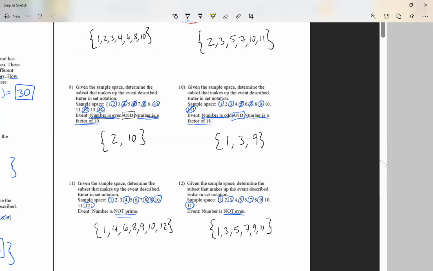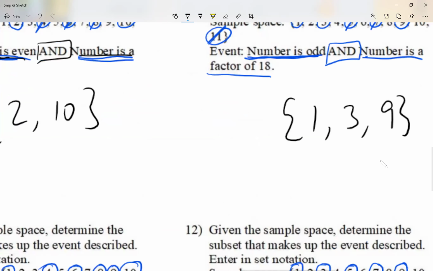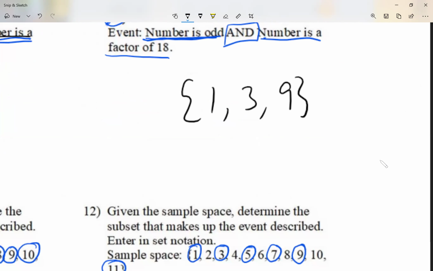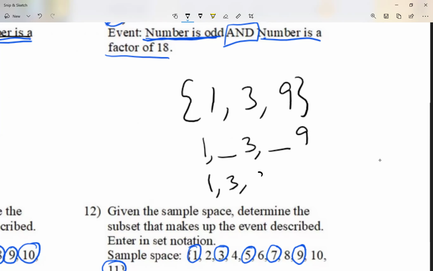Now, a question that my students might ask me here: are there any spaces? For example, let me zoom into question number 10. Usually, we write a space after the comma. So we do 1, comma, space, 3, comma, space, and 9. Usually we write a space after the comma, not before it. Now, if you don't write the spaces, you go 1, comma, 3, comma, 9.